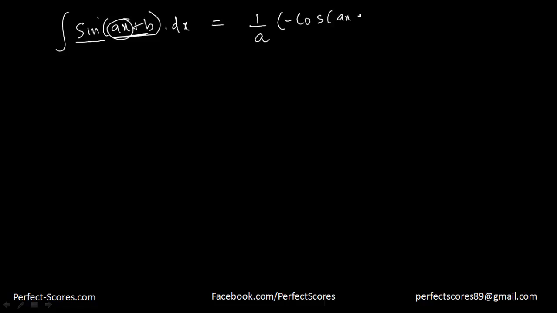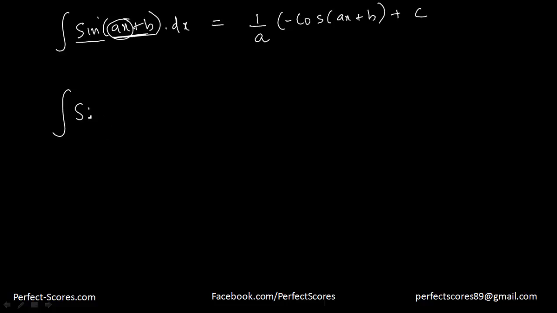The first one I'm going to be talking about is the antiderivative of sine of ax plus b. As you've seen in the previous video, first of all you have to take care of this a. That means you're going to be dividing by a, that is multiplying by 1 by a, and then you find the antiderivative of sine, which is negative cosine of ax plus b, and then you definitely have your c.